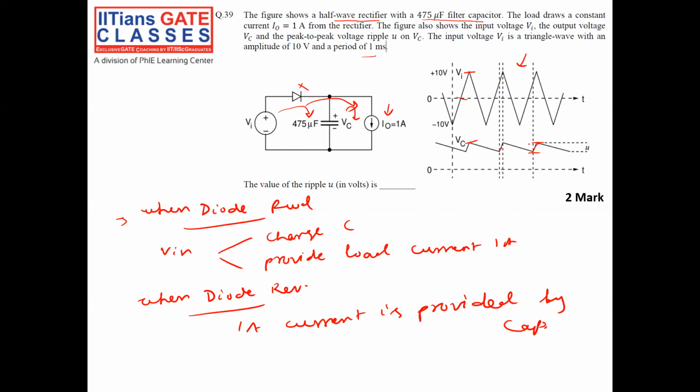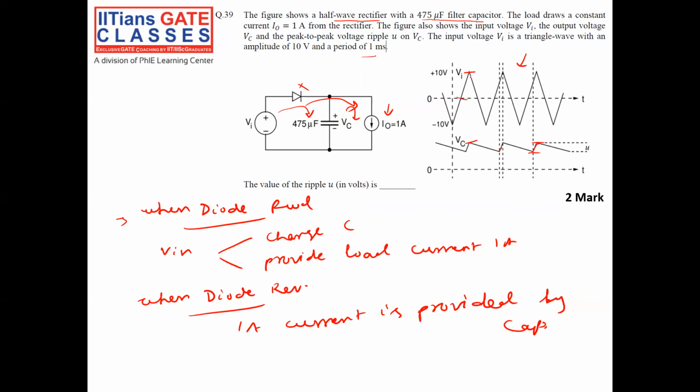So this is the charge discharge cycle of my capacitor. When the diode is forward biased, my Vin will provide charge to the capacitor, and also provide current to the output load. During the time the diode is off, the capacitor will discharge whatever charge it had previously.